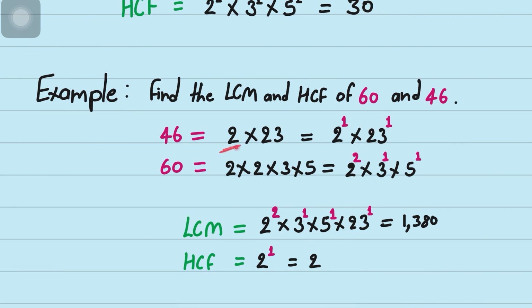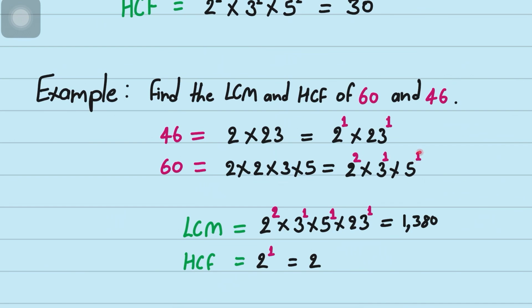In 46, there's one 2, so I wrote 2 to the power 1. There's one 23, so I wrote 23 to the power 1. But in 60, there are two 2's, so we write 2 to the power 2. And there's one 3, so 3 to the power 1, and 5 is also 1, so we write 5 to the power 1.